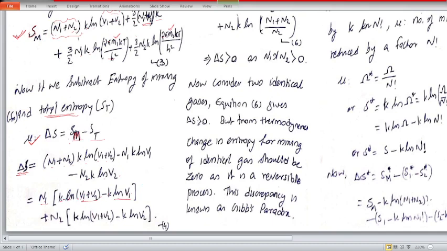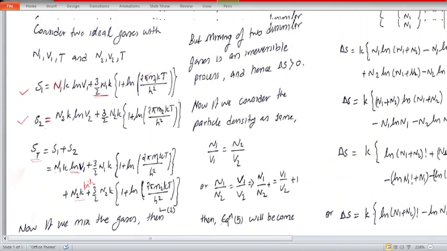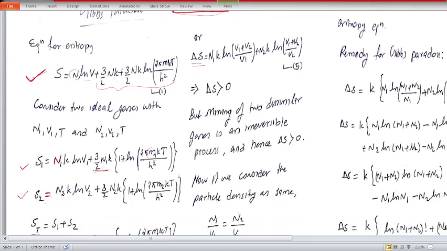Since k is constant, you can take it as common, so with n1 k you write ln of v1 plus v2 by v1, because ln of a by b equals ln a minus ln b. So the entropy change is delta S equal to n1 k ln v1 plus v2 by v1 plus n2 k ln v1 plus v2 by v2.